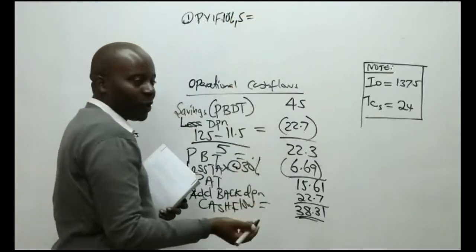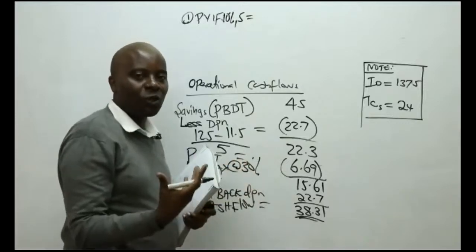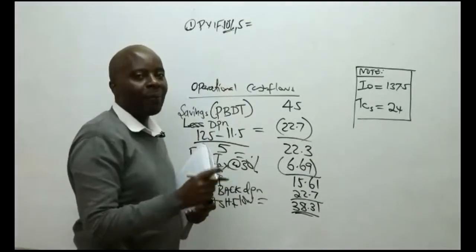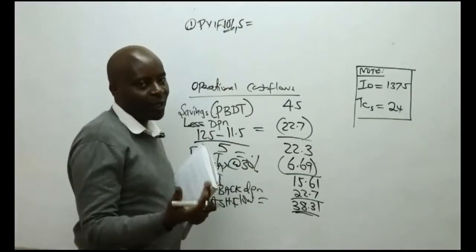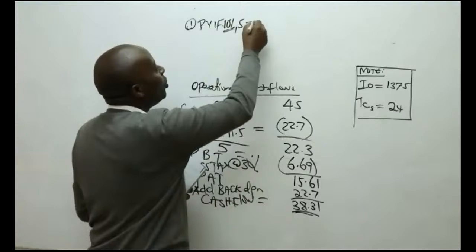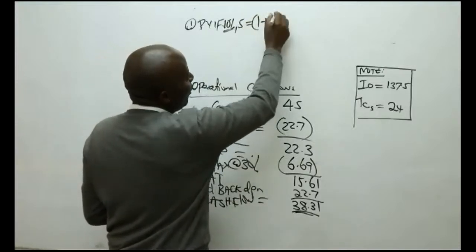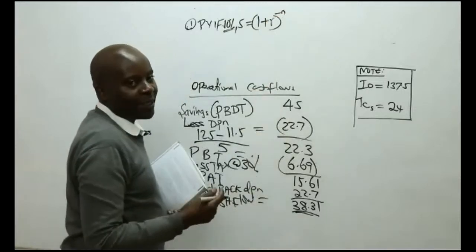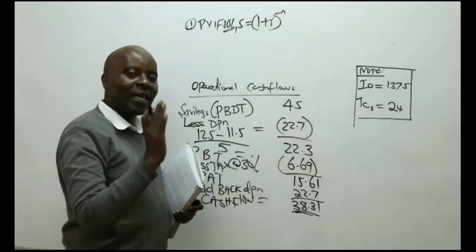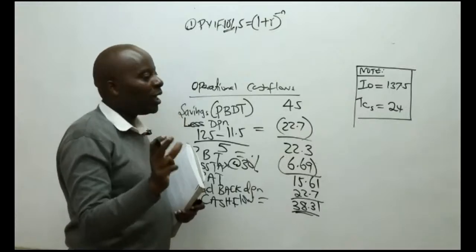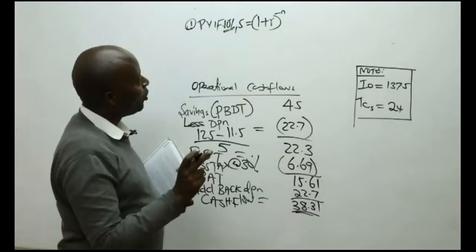But normally what I tell my senior section 5 students is that the examiner will rarely give you a percentage which is found in your table. So in this case, we must know how to cram the formula. The formula is 1 plus r raised to negative n. This is the formula for getting the discounting factors for a lump sum or irregular amount, the present value interest factor.